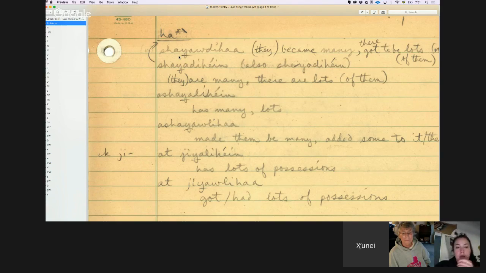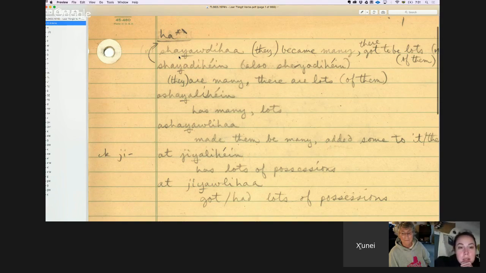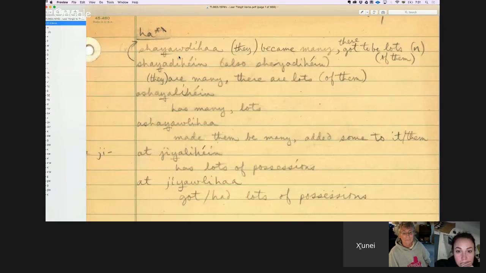And do your best. Sometimes it's a little bit difficult to read some of the handwriting, although I think he has nice handwriting. But for example, you would put Shayaudaha, just like it is. And then in the next cell over on a table, and it could just be in a Word document, you would type, they became many, there got to be lots of them.